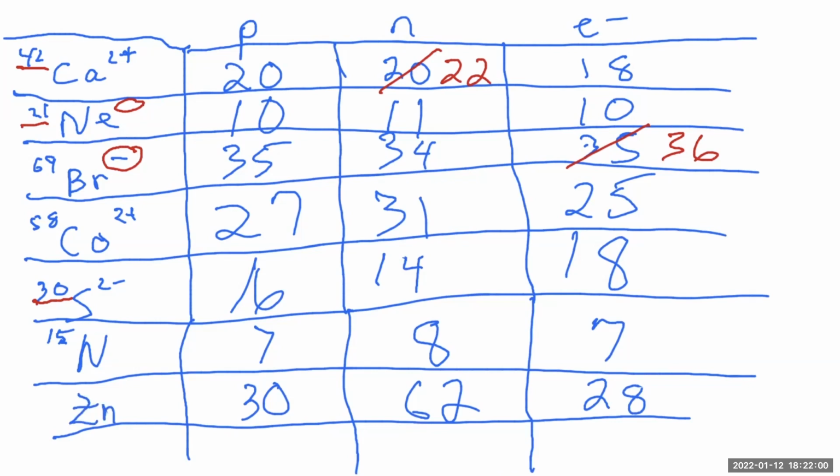What's the mass number? 62. That's right. Perfect. And is there any charge on it? +2, because you have 2 more protons than electrons. So it's +2.